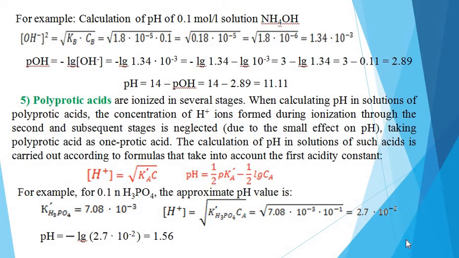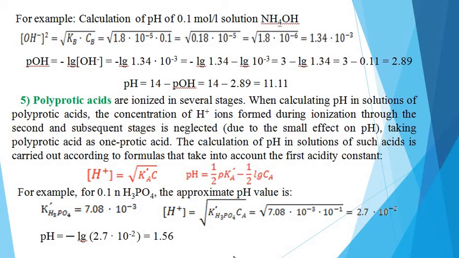Taking a polyprotic acid as one protic acid, the calculation of pH in solutions of such acids is carried out according to formulas that take into account the first acidity constant, and the first acidity constant we denote as acidity constant Ka prime, and we find pH.